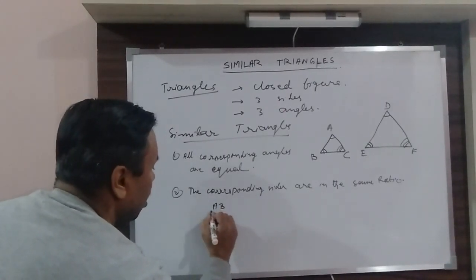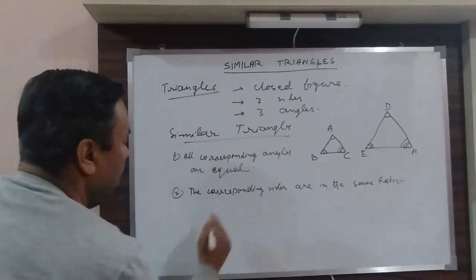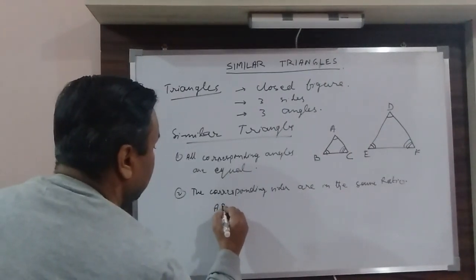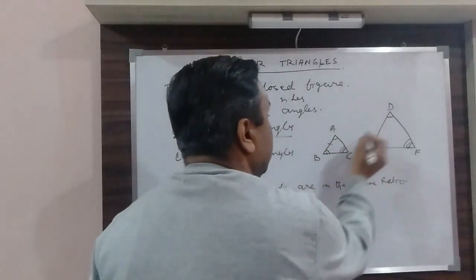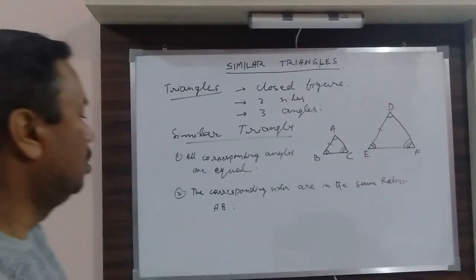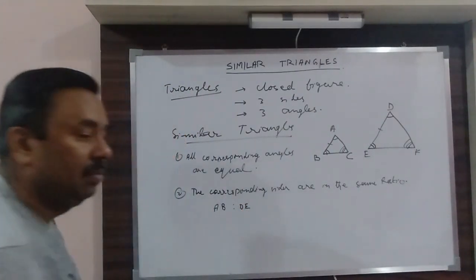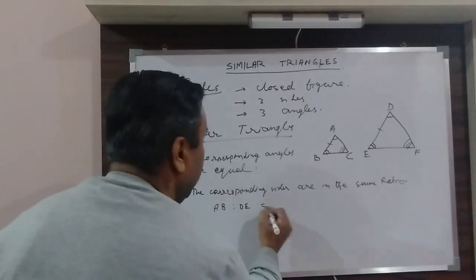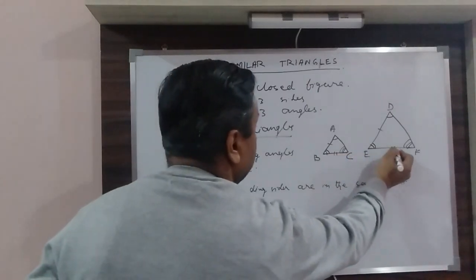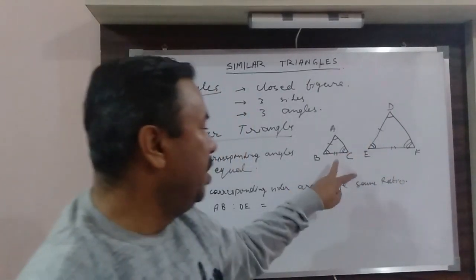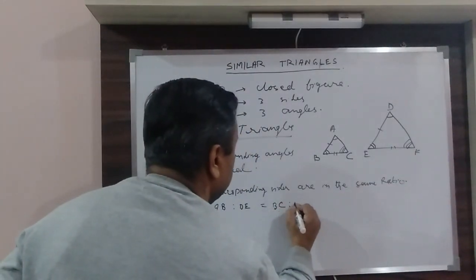For AB, the corresponding side in the other triangle will be DE. So the ratio of AB to DE should be equal to the ratio of the second corresponding side. For the side BC, the corresponding side is EF. That is equal to BC is to EF.